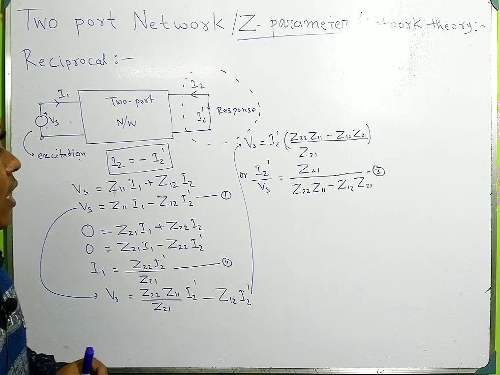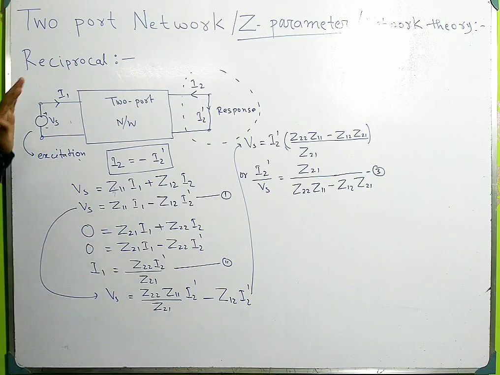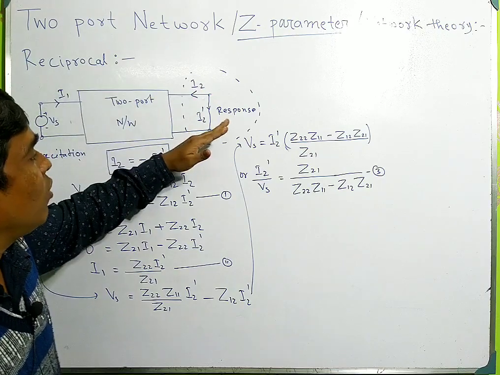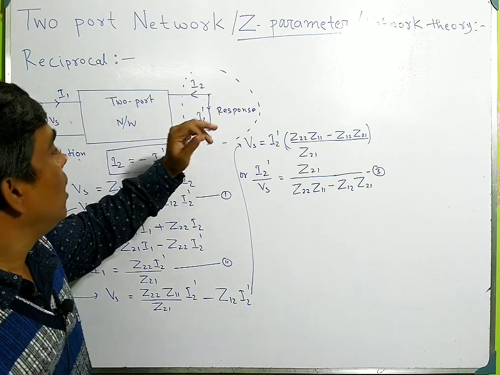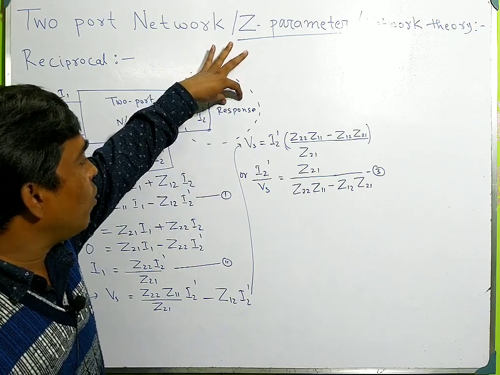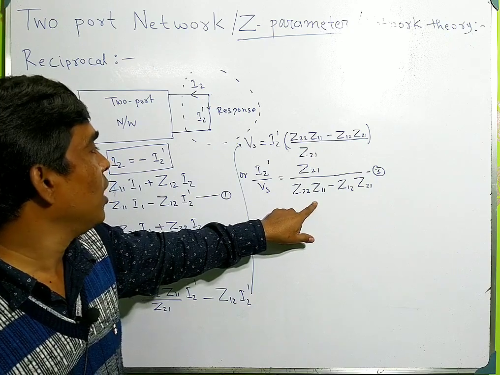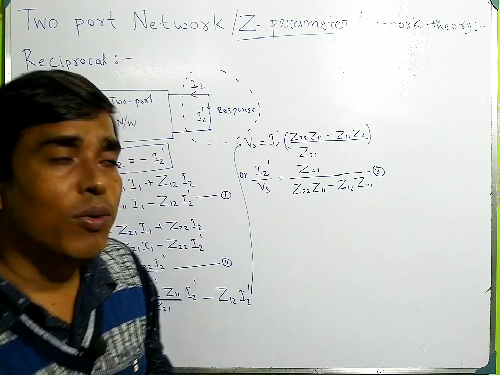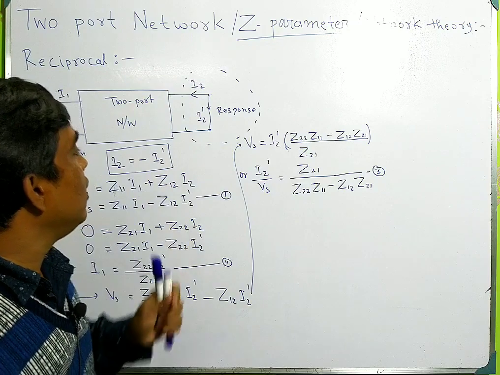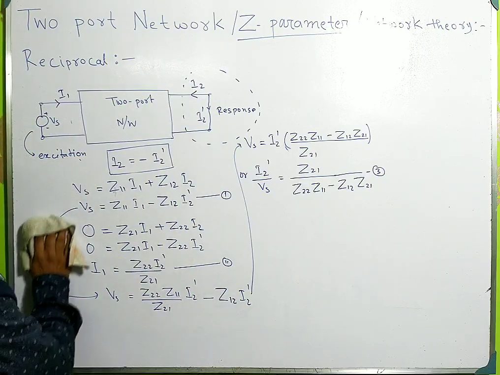So if I apply the excitation in this port and get the response in this port, then the ratio of response to excitation is given by this equation. Now we will interchange the position of excitation and response.